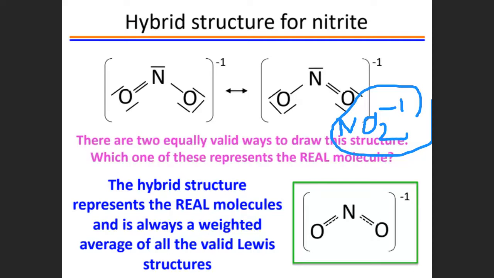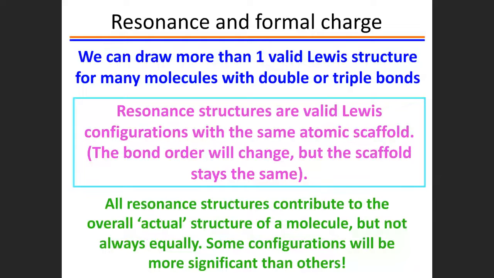Today we will check the details of that, why and how it happens, and how we can find why this is the minus charge, why some atoms have different charges. That's what we are going to learn first. We can draw more than one valid Lewis structure for many molecules with double or triple bonds. Resonance structures are valid Lewis configurations with the same atomic scaffold.